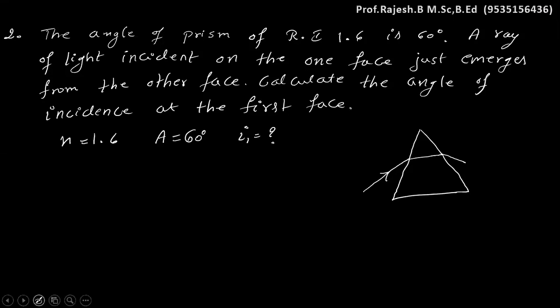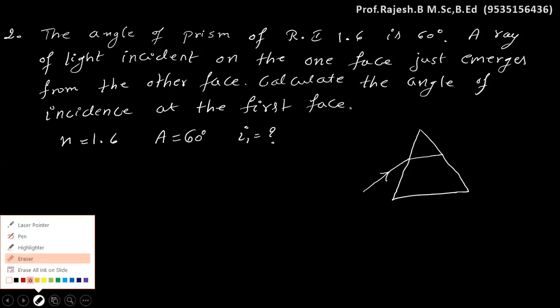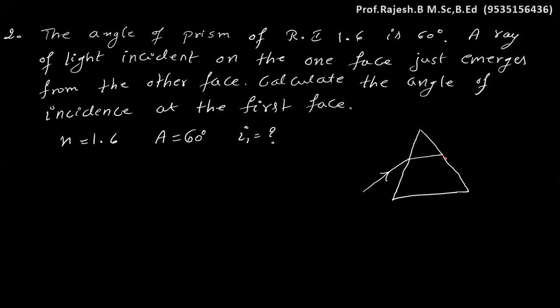Here it is just emerging from the surface, meaning it is grazing over the surface. I'll show it in a red mark. See here, the refracted one is just grazing. It is coming like this, over the prism surface.